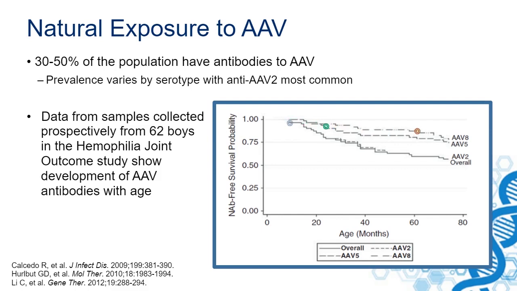Shown in the graph on the right, you see that these boys became exposed to AAV, most commonly AAV2. This study looks specifically at AAV2, AAV5, and AAV8.